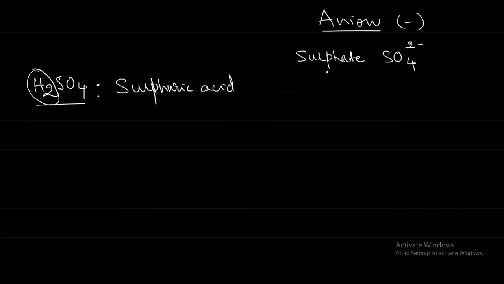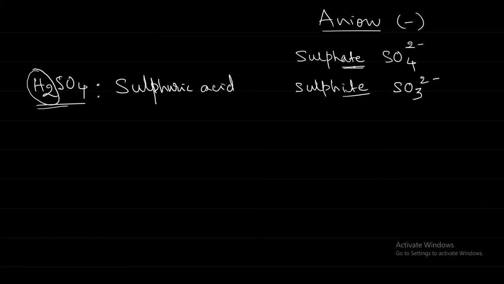Sulfate, SO4 2 minus. If you know the common acid, that is the sulfuric acid formula, then you can write sulfate. Next, sulfite, SO3 2 minus.